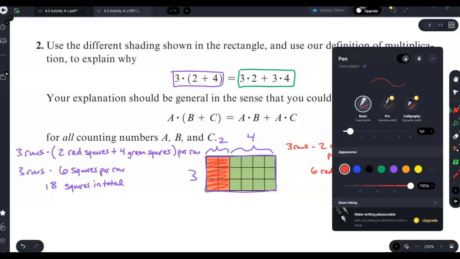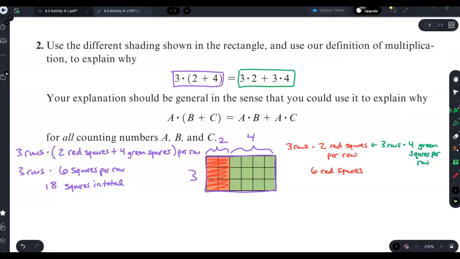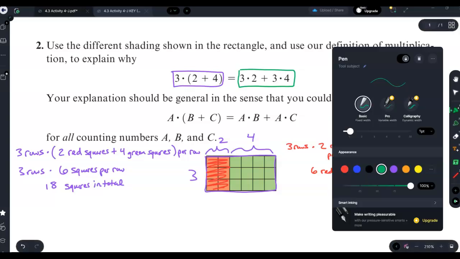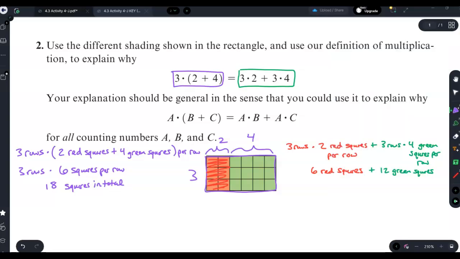And then to find the green, I would look at that one separately and say, that's 3 rows times 4 green per row, so that's a total of 12 green squares. In the end, you just add together your red and your green and we still get that there are 18 squares in total.